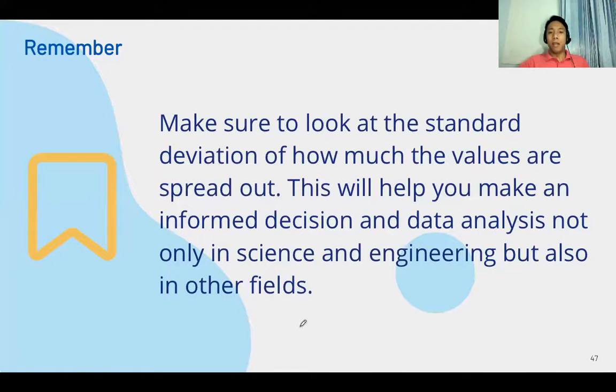Okay, sabi dito, make sure to look at the standard deviation of how much the values are spread out. Diba? This will help you make an informed decision in data analysis. That's why kinukuha pa rin si standard deviation para mas madali mo siyang i-describe or i-explain to someone or to a group of people. Okay? Decision and data analysis, not only in science and engineering, but also in other fields.